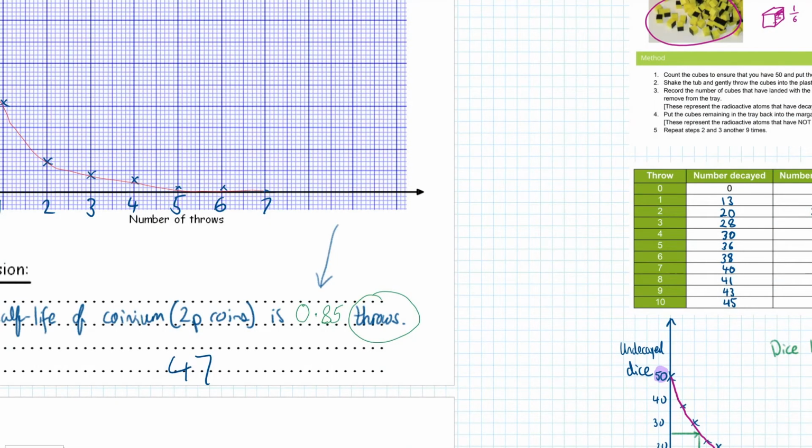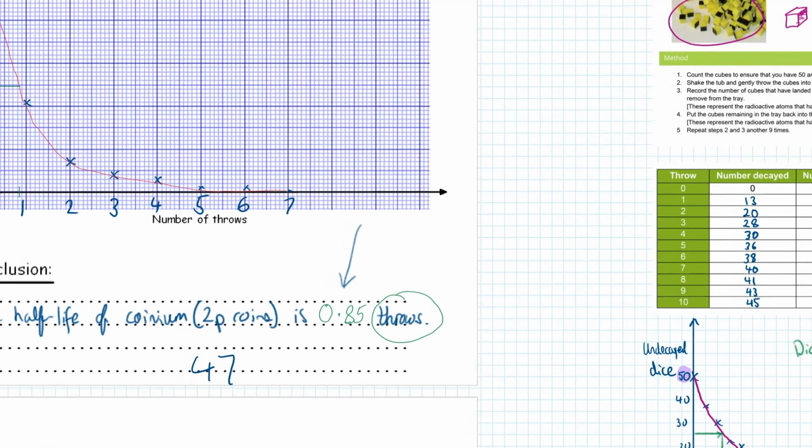Think of that as a way of better understanding the idea that every radioisotope has its own half-life, and it's to do with this random nature and the probability of each isotope decaying within a certain amount of time. In our model here, we haven't talked about a certain amount of time or seconds or years. We've used the idea of throws, the analogous idea of time.